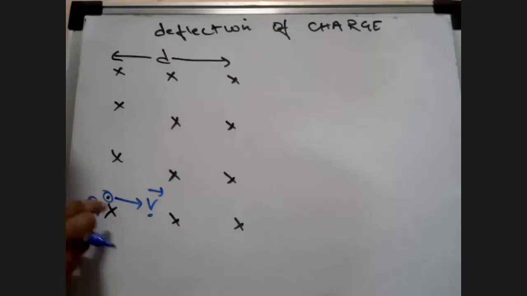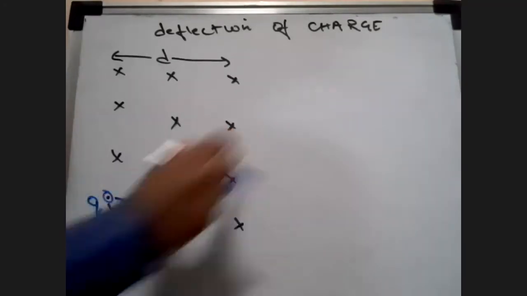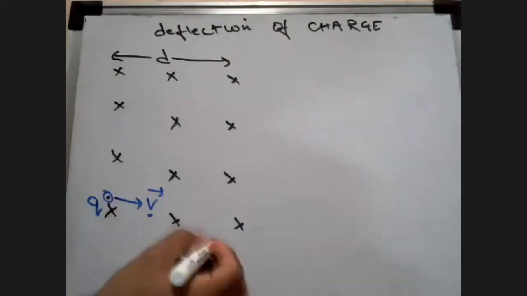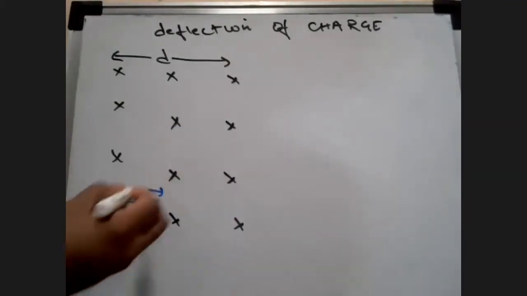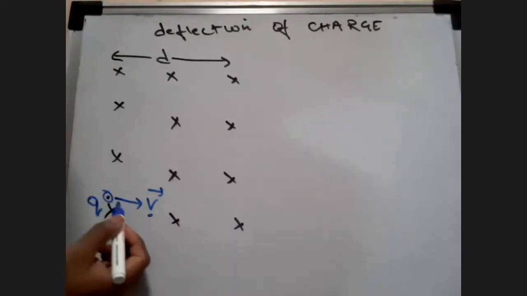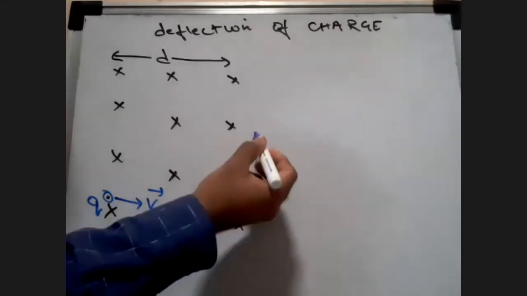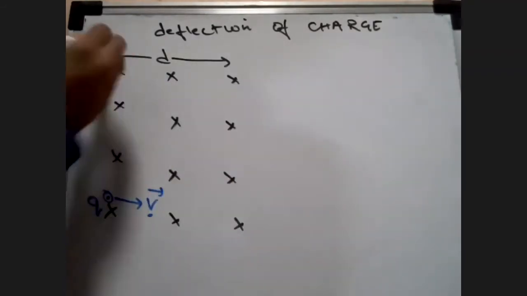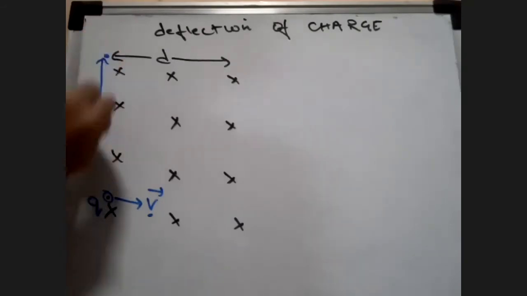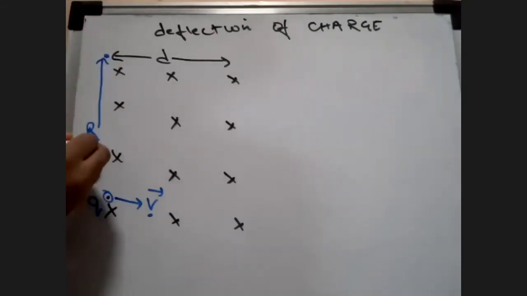It is trying to form that circular path. But when we talk about a circular path, of course, every circle has a center point, and from the center point to the circumference is called a radius. So if it is anyway going to form a circular path, I can say that the center point of that circle can be somewhere here, and this entire thing can be taken as a radius.